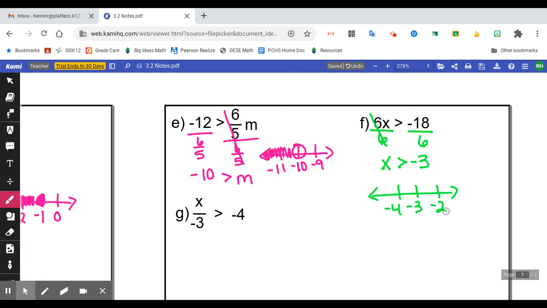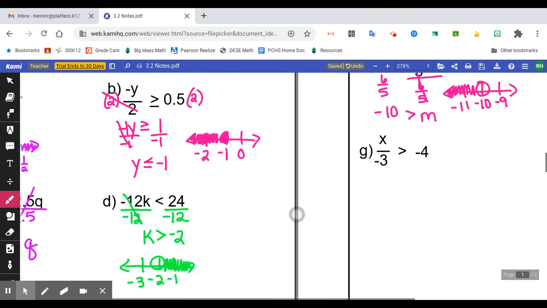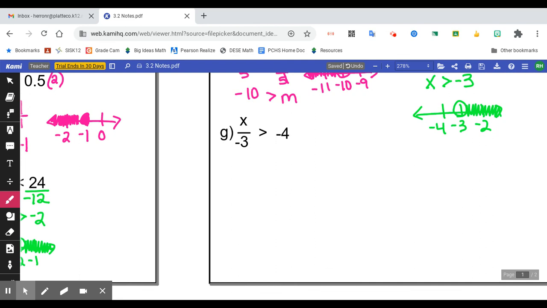So backwards, I put a lot of negatives in here. Open circle, because it's greater than, I'm going to go to the right. Okay, last one. I have x over negative 3 is greater than negative 4. So I'm going to multiply by the denominator, which is a negative.